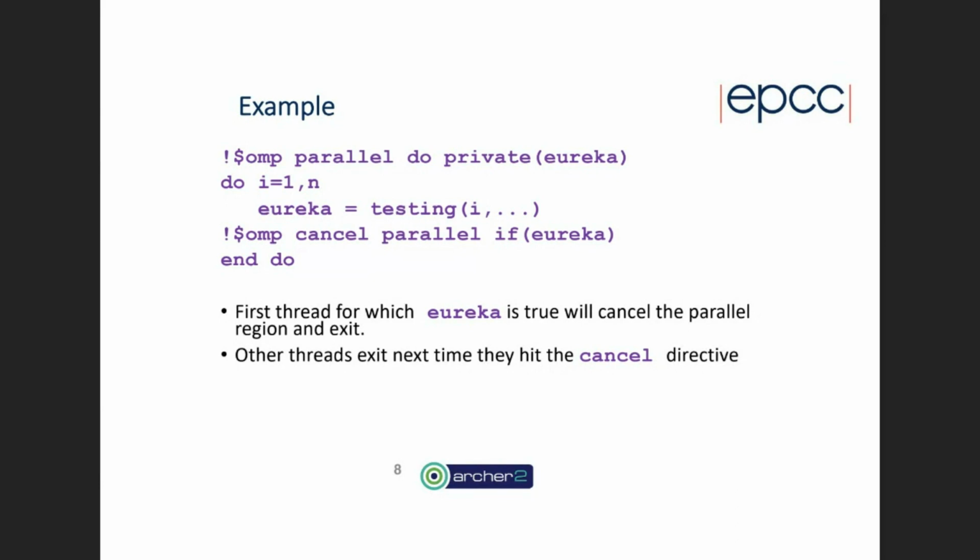So you might have a parallel loop, and each iteration of the loop calls some function and returns a logical value. And so the first thread that finds Eureka equals true will raise the cancellation. And all the other threads, the next time they hit the cancel directive, will stop executing the loop iterations and jump to the end of the parallel region.